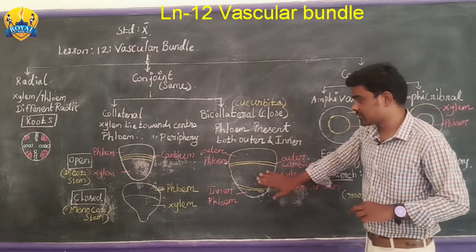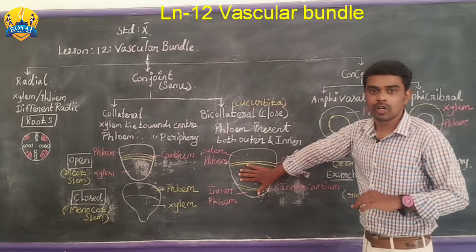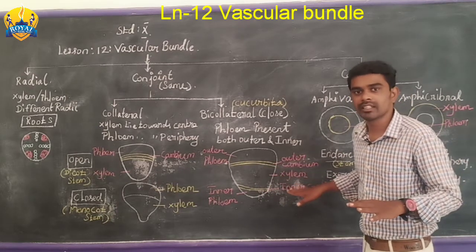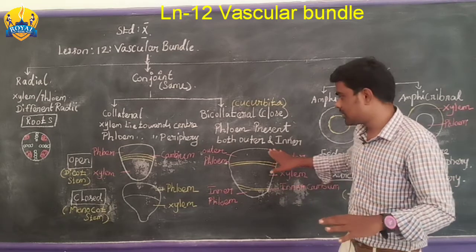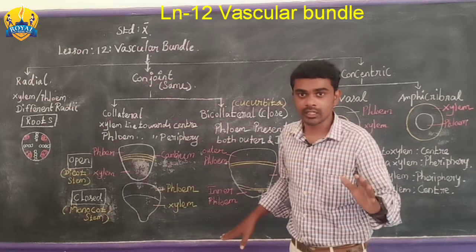In between the outer and inner cambium is the xylem, which transfers the water, and the outer and inner phloem transfer the food and minerals.